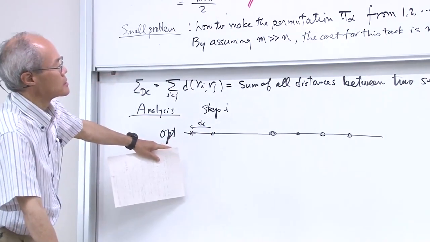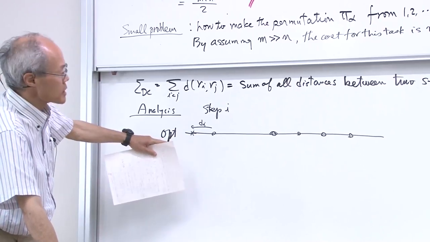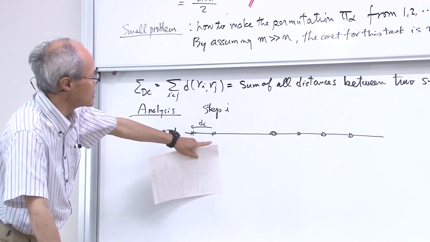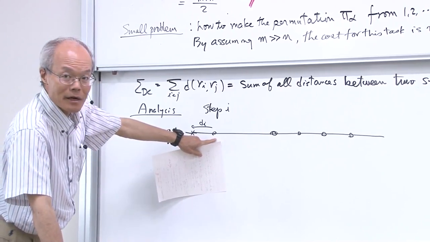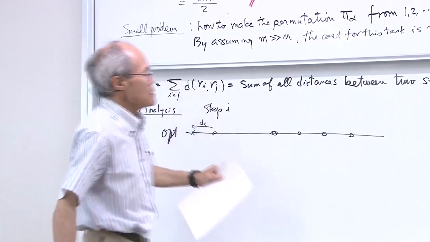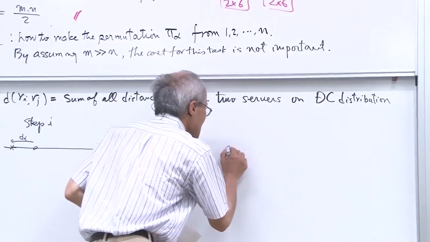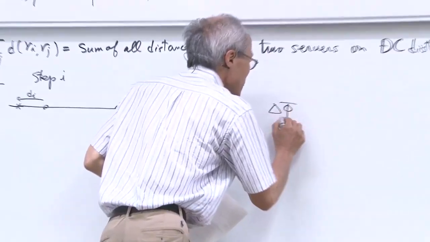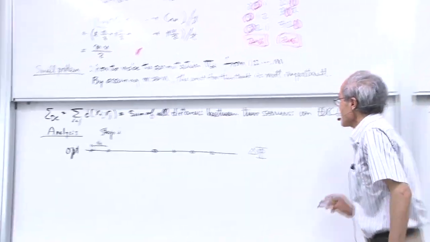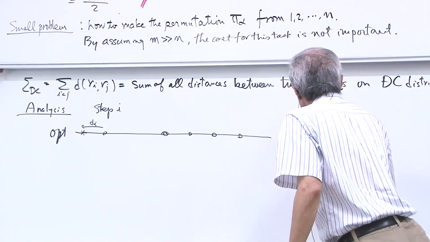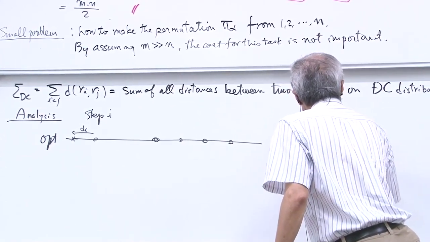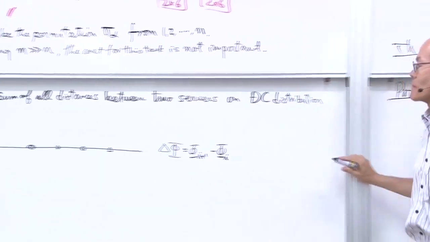This is opt. Suppose that at step i, a request comes here and opt moves this server to the requested point. Then what is the difference of phi?